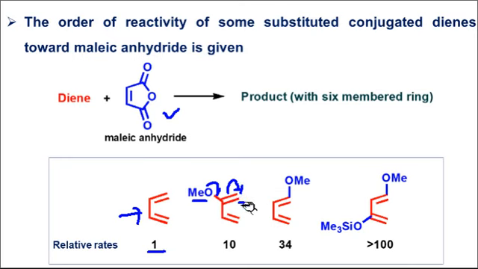It means the rate of the Diels-Alder reaction when we use this diene, compared to this one, will be higher. Similarly, if we use this electron donating group at position 1, it will further increase the electron density on the complete diene, on all the carbons, so this whole system will be more electron dense compared to this one.